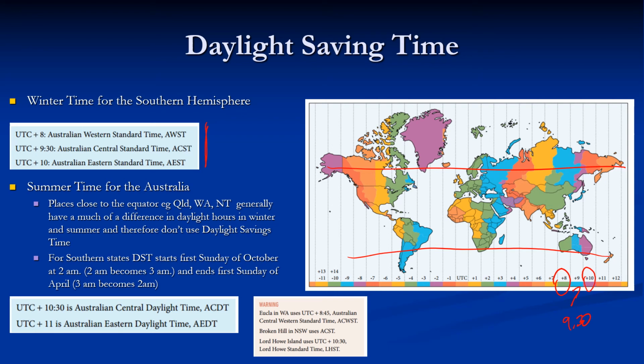However, Sydney and Victoria, for example, will go to Australian Eastern Daylight Time during the summer months. Those summer months go from the first Sunday of October to the first Sunday in April. They put their clocks forward at the start and they put their clocks back an hour at the end of daylight savings time.